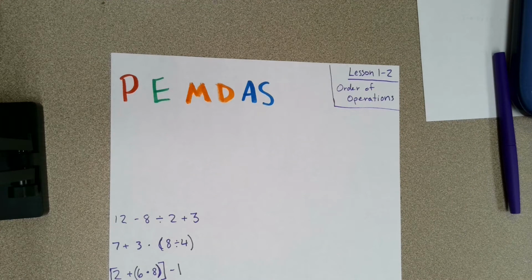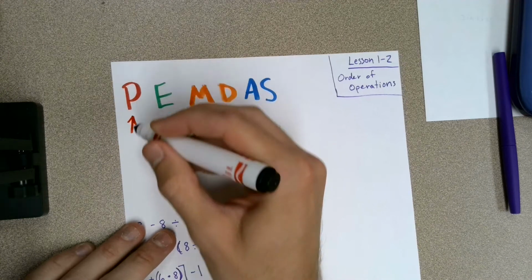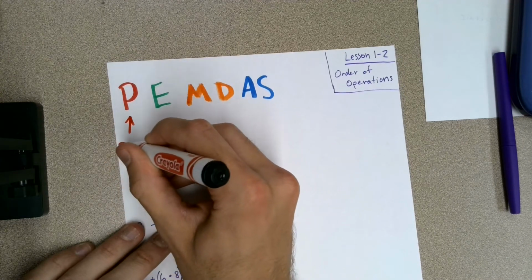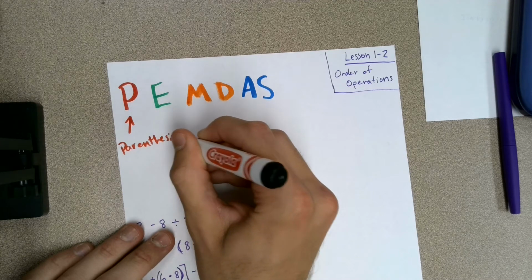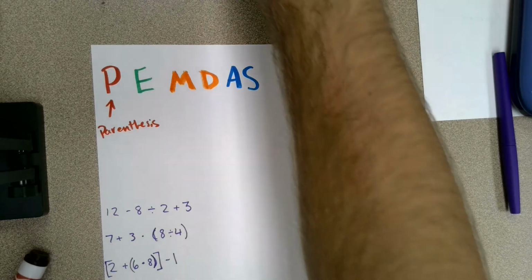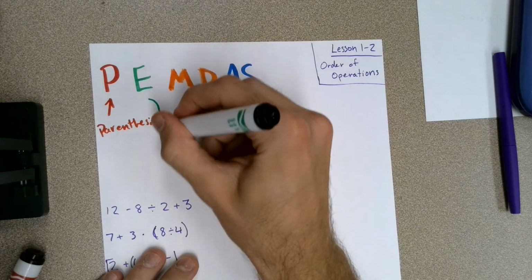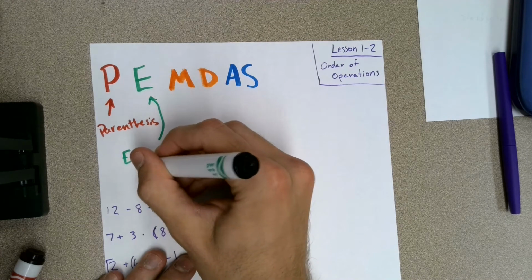is... I gotta make sure I spell this first word right. Parentheses is what our P stands for. I'll explain this all in a second. Our E stands for exponents. You might be thinking, what are these words? What are you talking about?